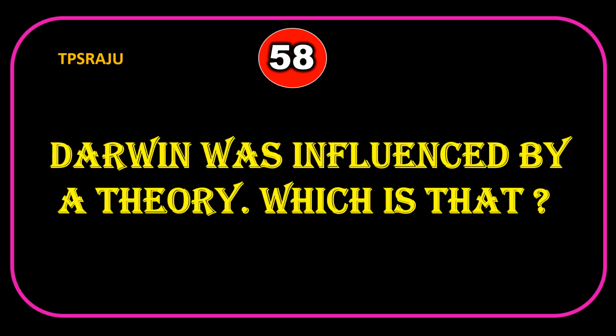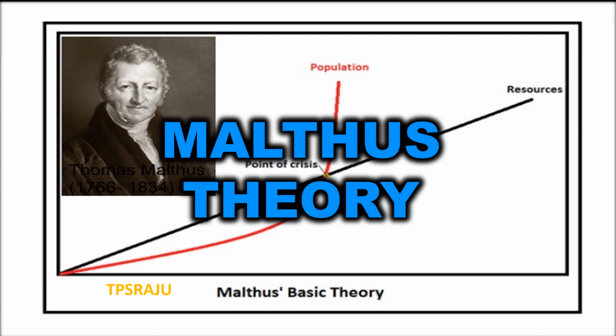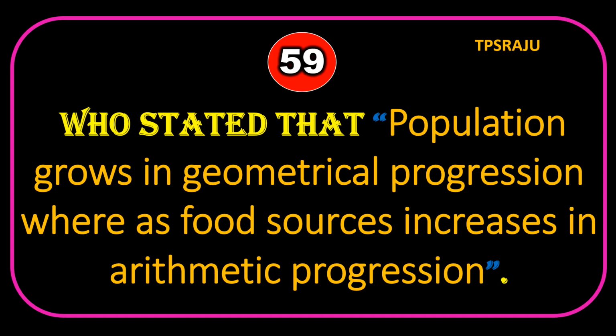Darwin was influenced by a theory. Which is that? Malthus theory. Who stated that population grows in geometrical progression, whereas food sources increase in arithmetic progression?